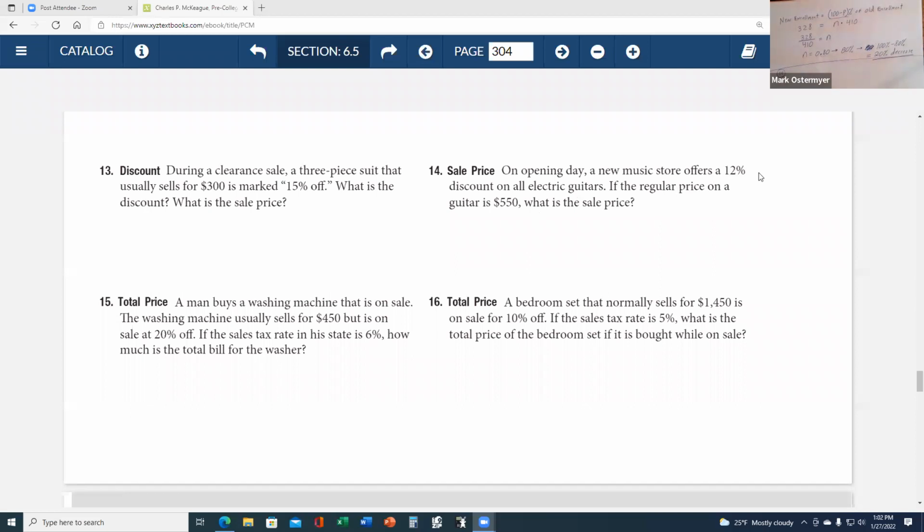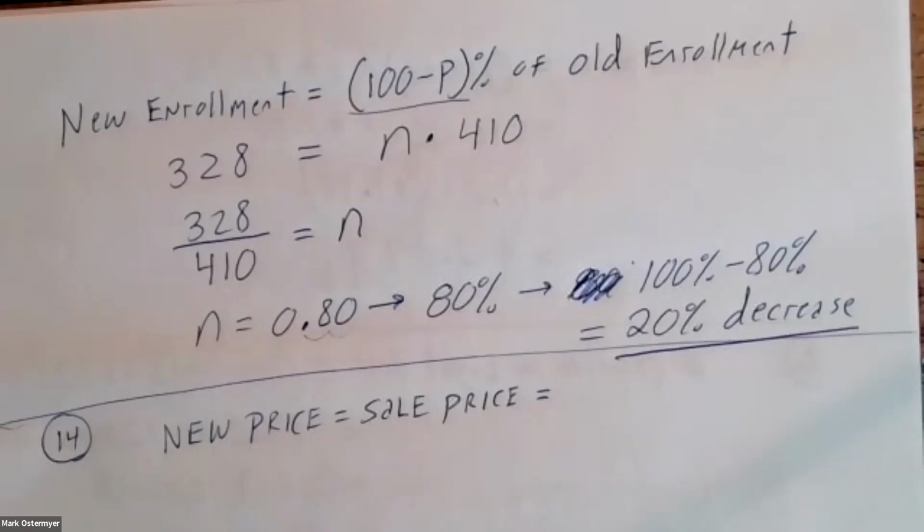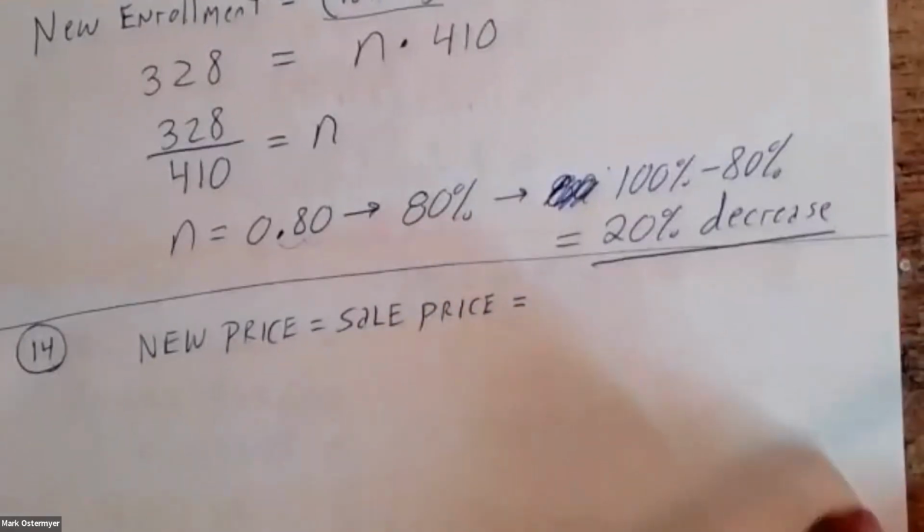In other words, the new price is going to represent a 12% decrease from the original price. So this is kind of like a percent decrease problem, is it not? Computing this new price? All right. So we can turn it into a percent decrease problem. By the way, the new price has a name. It's called the sale price. Do you agree? So the sale price of this guitar is going to be a 12% decrease from the original price.